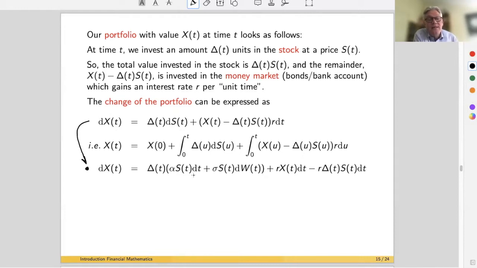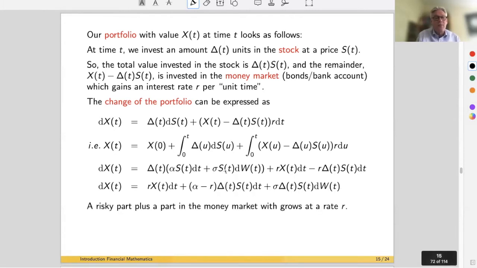Here we can combine the dt terms in one form, and the remaining part is the dW term. Combining these together gives us r Xt dt, which you find here, and this part and this part can be glued together, being alpha minus r times delta t St dt, and the remaining part is the dW part, sigma delta t St dWt.